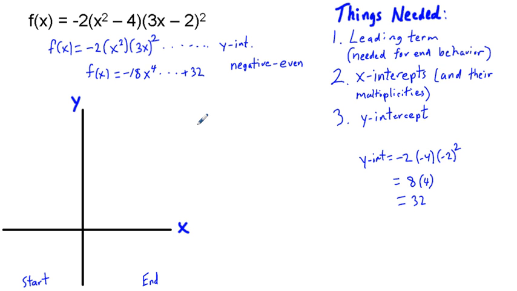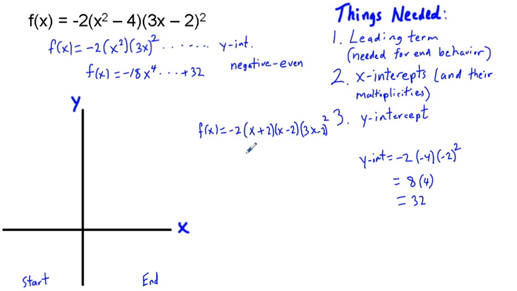What we're going to have is the factored form, f of x is equal to -2, and this quantity x squared minus 4 factors in the linear factors, quantity x plus 2 and quantity x minus 2. And then we bring out what we have left, which is 3x minus 2 squared.